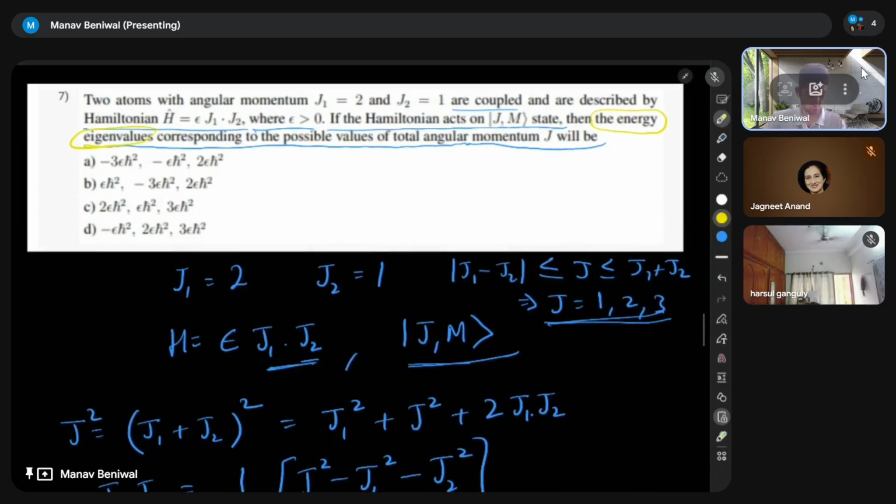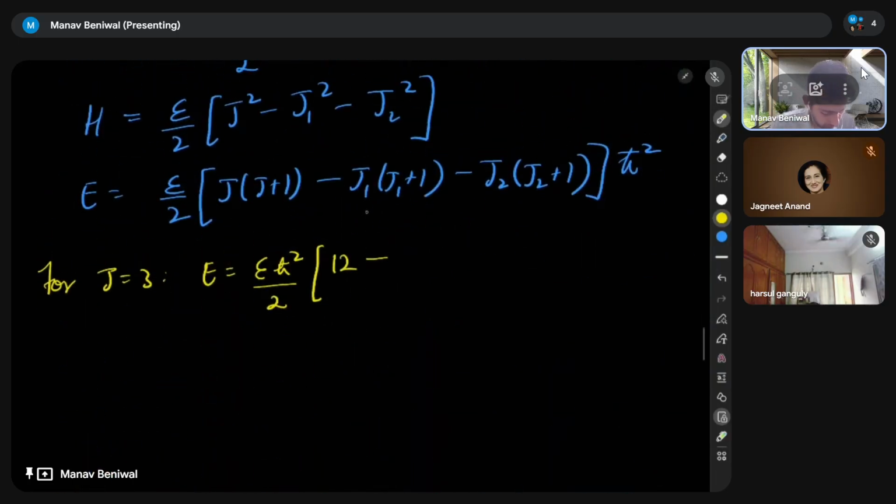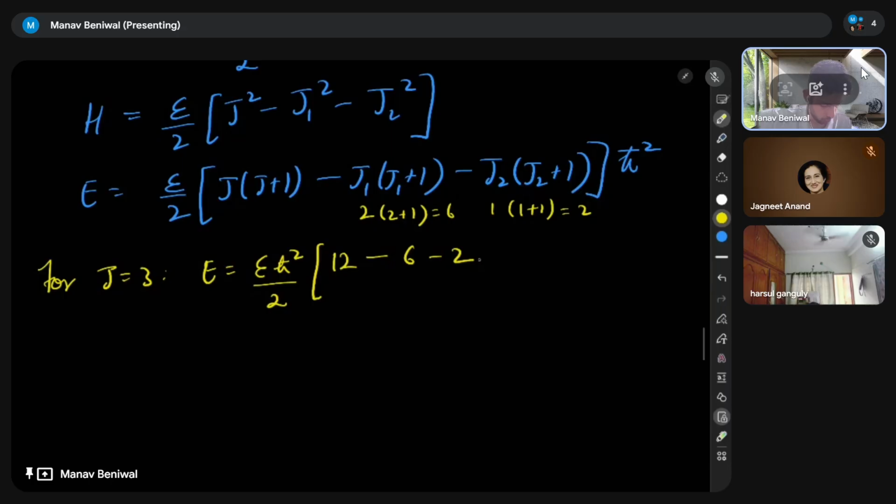So it is 2 times 3, which is 6, and 1 times 2, which is 2. So it is always 6 and 2. This will give us 12 minus 8, which is 4, and the 2 cancels out. So 2 epsilon h cut squared.